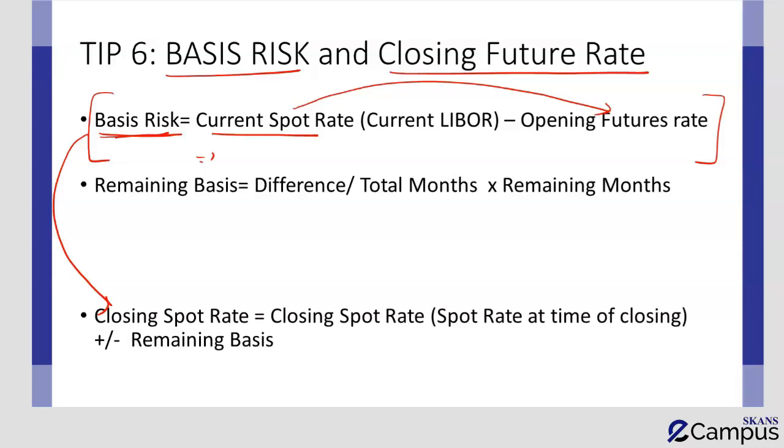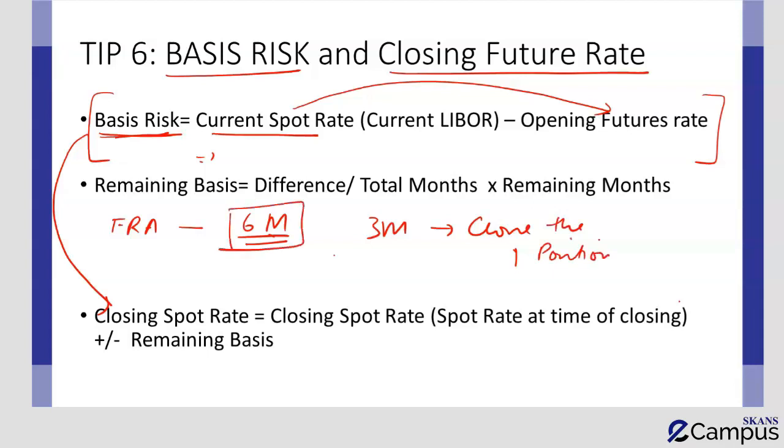And similarly, when we're talking about the remaining basis, what if you took an FRA with the objective of 6 months duration, and after 3 months you decide to close the position? So you took a future with the perspective of 6 months in mind, or the future contract was giving you a hedge for 6 months, and after 3 months you want to close the position. To do that, the first step is you have to calculate the remaining basis.